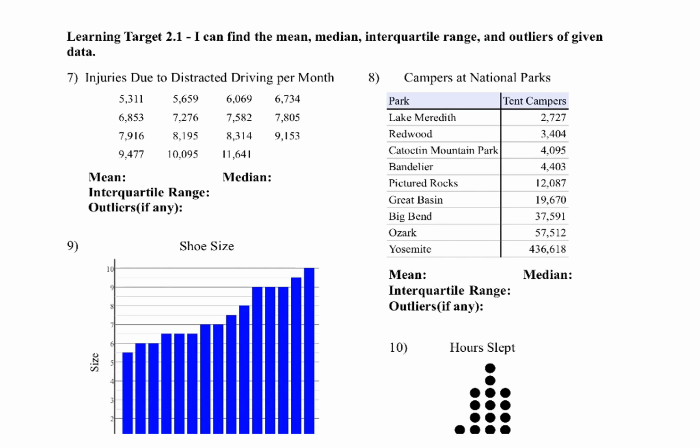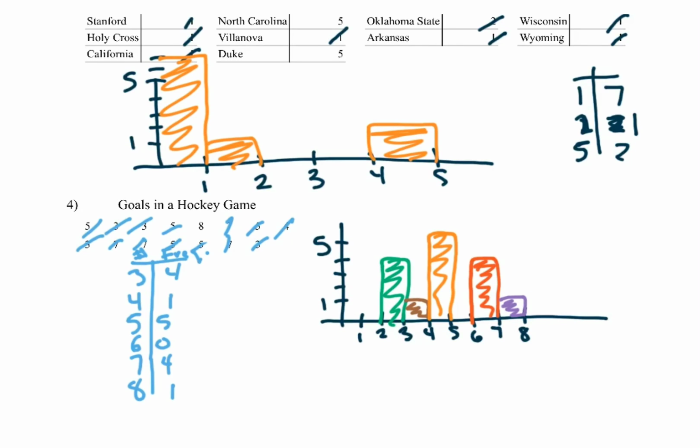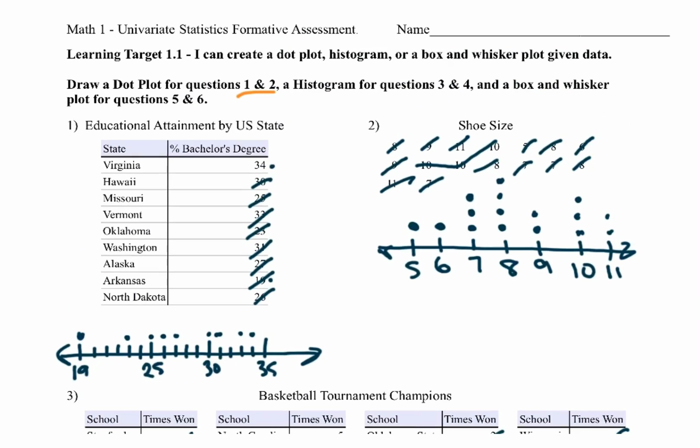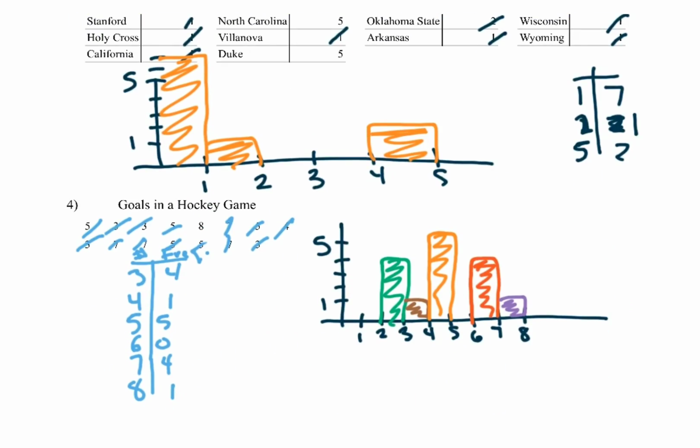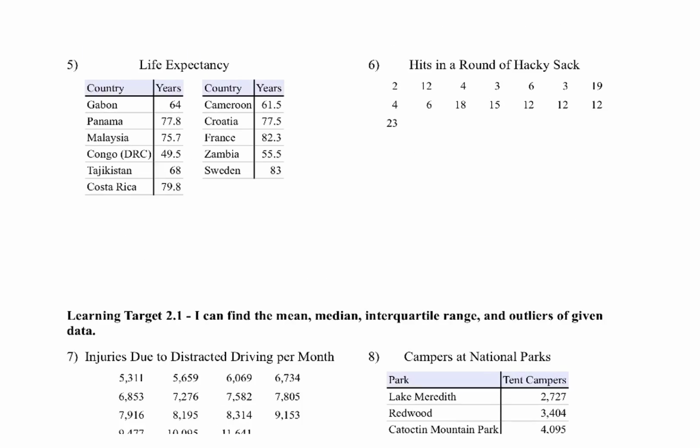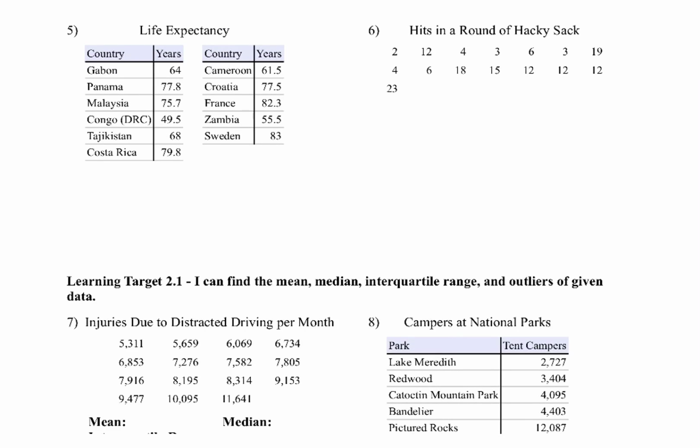All right, okay. Now, let's see, we need 5 and 6, don't we? Here we go, there's 5 and 6. So now we want a box and whisker plot, okay? So remember, for box and whisker plot, we need to get some data first, don't we? We need to know the highest, the third quartile, the median, the first quartile, and the lowest.